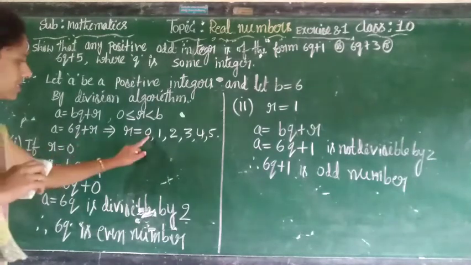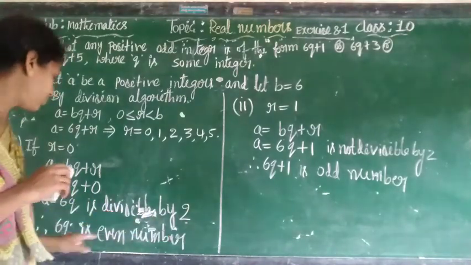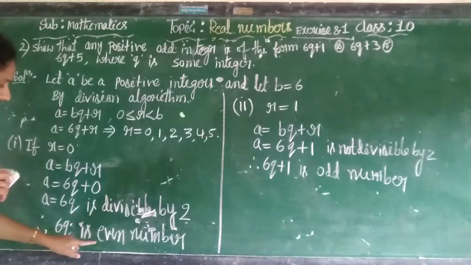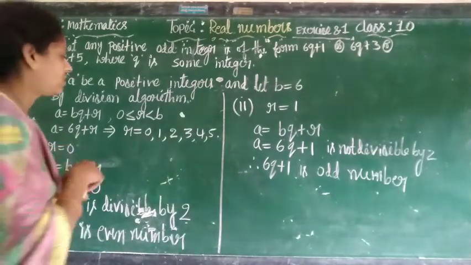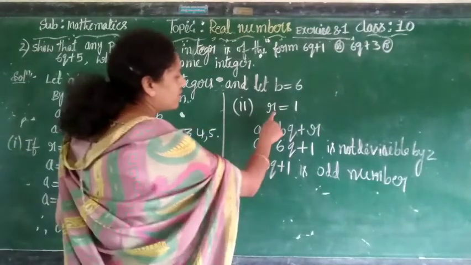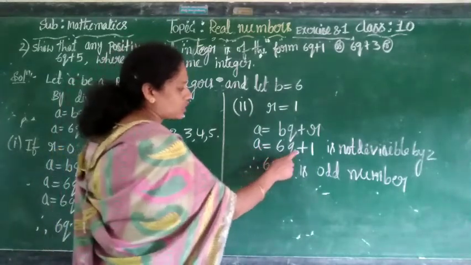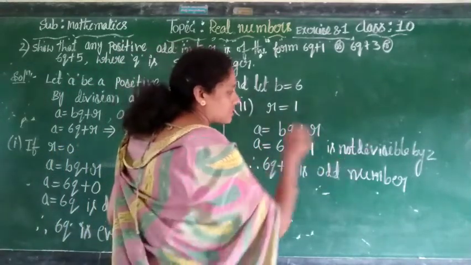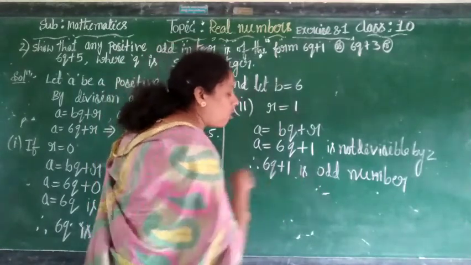First condition 0: a is equal to 6q plus 0, which is divisible by 2. Therefore 6q is an even number. Second condition, if r is equal to 1, a is equal to 6q plus 1, which is not divisible by 2. Therefore 6q plus 1 is an odd number.